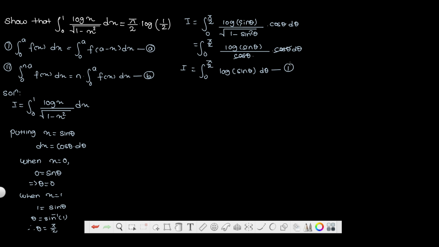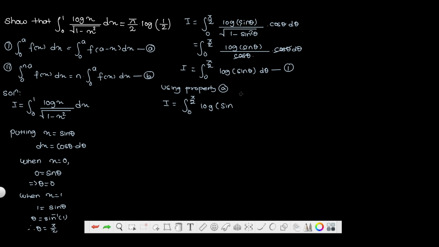Now we have to use property number a. Using property number a, we get I equals the integral from 0 to pi by 2 of log sine. Now see that in place of x we have written a minus x, and this a comes from the upper limit.